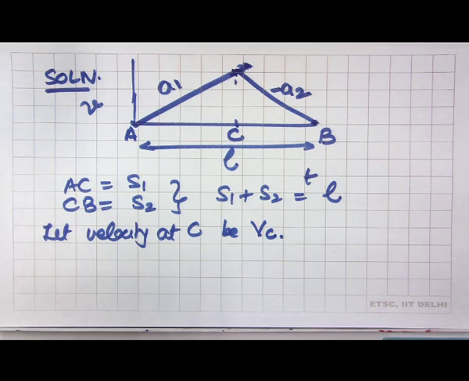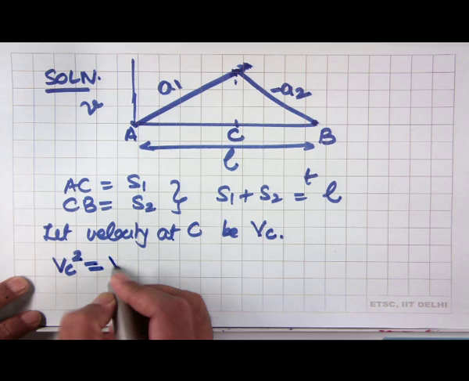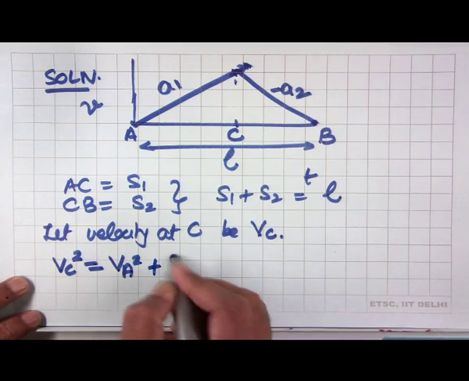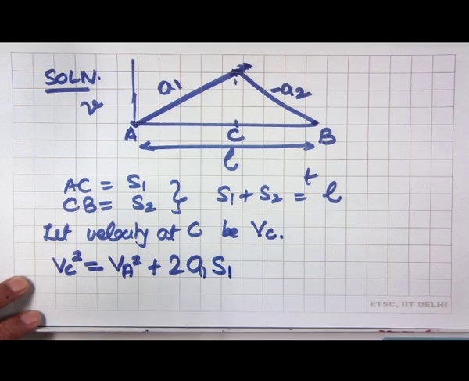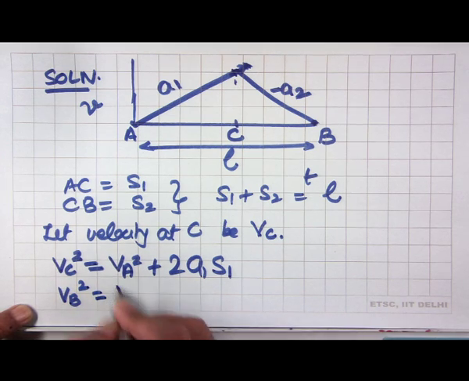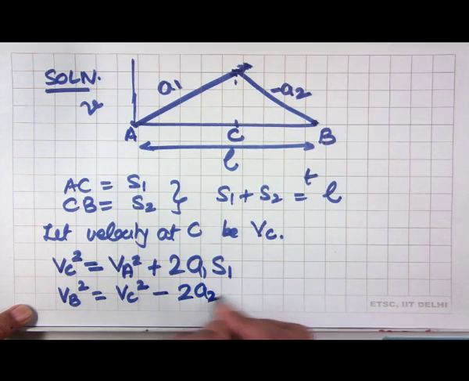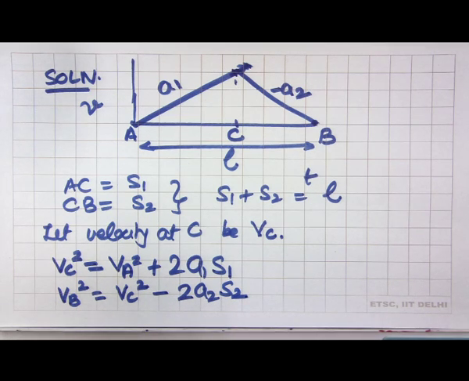Then Vc square is equal to Va square plus 2 A1 times S1, and Vb square is equal to Vc square minus 2 A2 times S2.